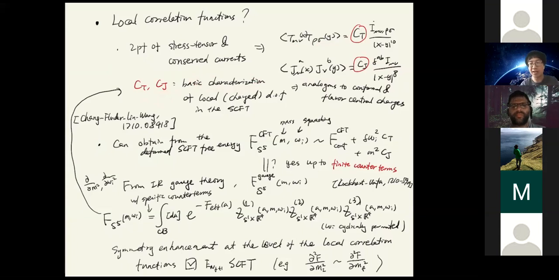In this sense, they're analogous to the conformal and flavor central charges that you encounter in even dimensions, where the 2-point function can also be related to combinations of the usual conformal and flavor central charges.